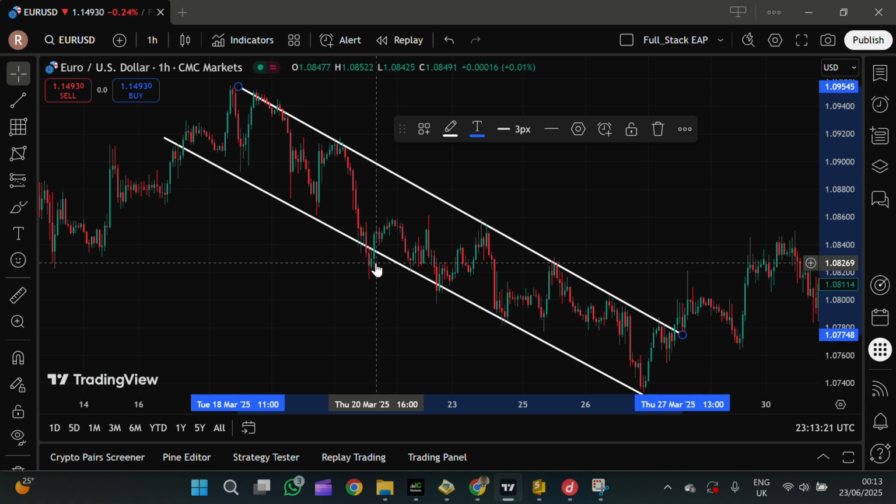So what is a liquidity sweep? A liquidity sweep is more like price moving in the opposite direction with strong momentum, right? So you're looking for a bullish candle with strong momentum, sweeping or clearing out the initial movement in the opposite direction. That is what a liquidity sweep is.